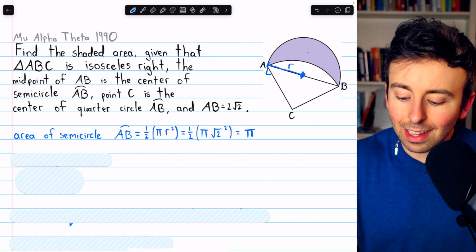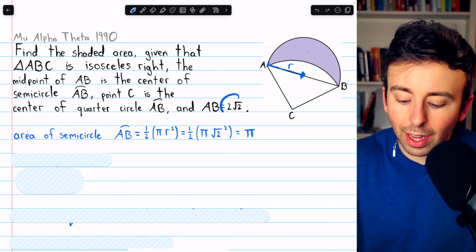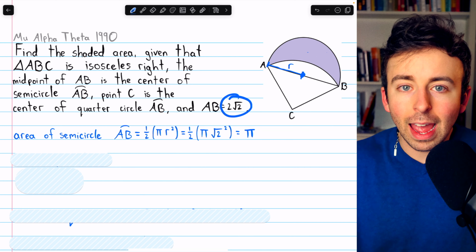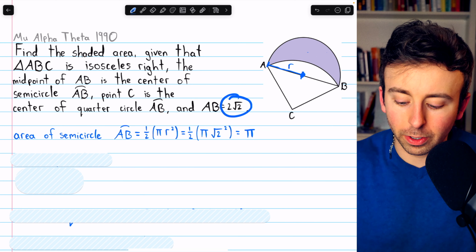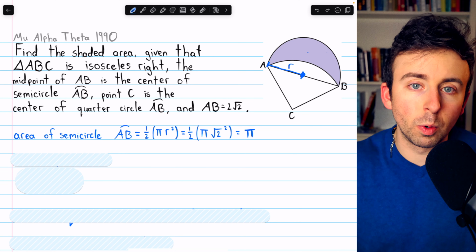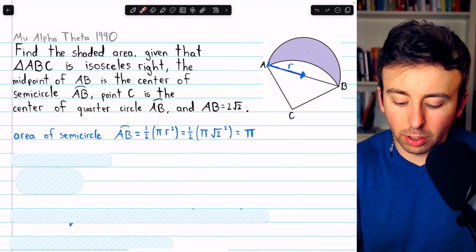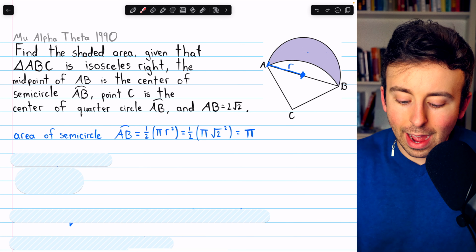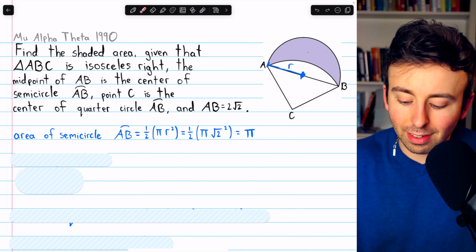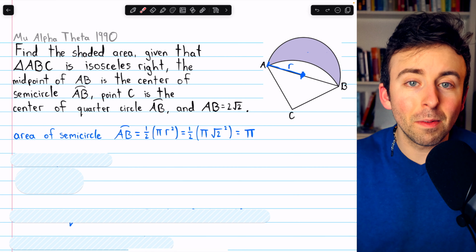Now we know the length of AB. It was given to us as 2 root 2. Thus, half of AB, hence the radius of the semicircle, is half of 2 root 2, which is just root 2. So the area we're looking for is 1/2 pi r squared, where r is root 2, so root 2 squared. Root 2 squared is 2, times 1/2 cancels out, and so the area is just pi.